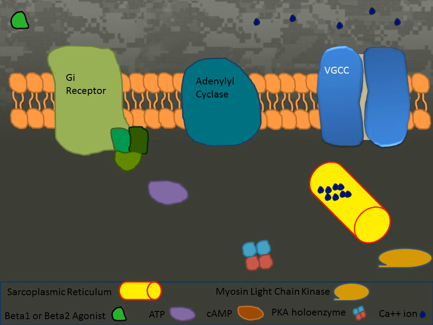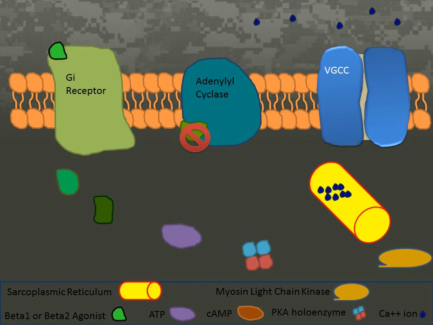M2 receptors, which are found in cardiac muscle, are Gi-coupled receptors. They have an inhibitory effect on the adenyl cyclase pathway and predominate in the heart.